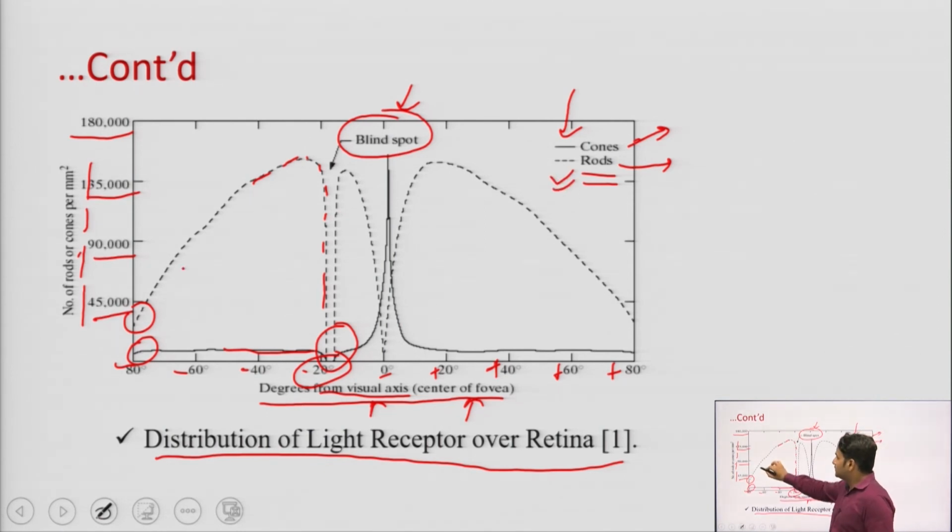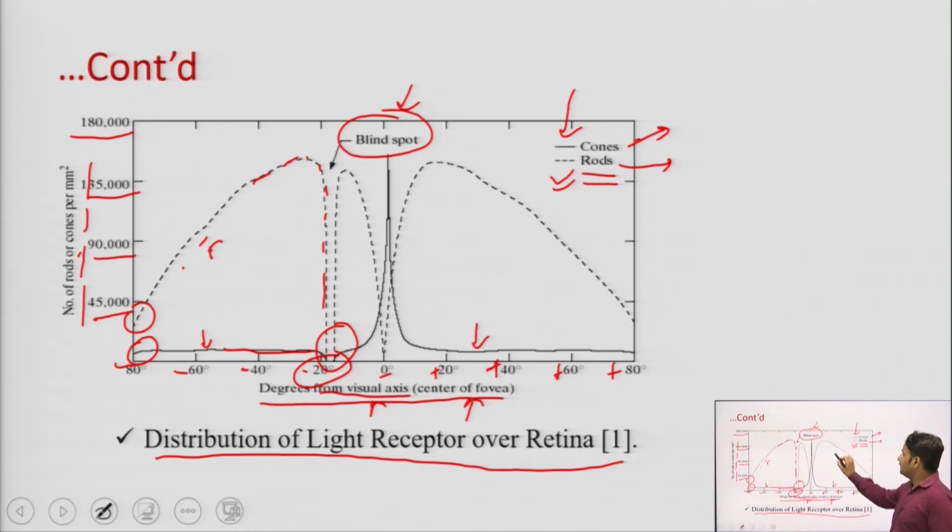If one is lower, then the other is higher, and where the opposite nature is present, the cones are in much more action and the rods' action is much lesser. Somewhere cones are acting and somewhere rods are acting, but at the particular portion where both are not acting, that is called the blind spot. That blind spot we have to observe here.